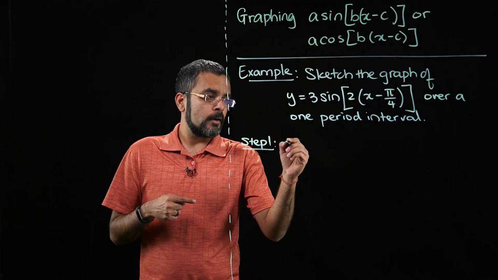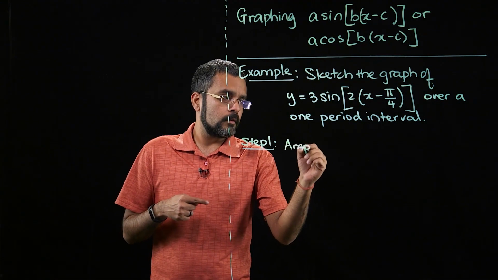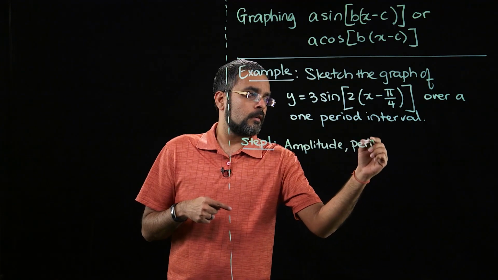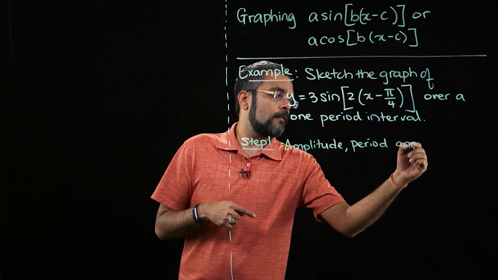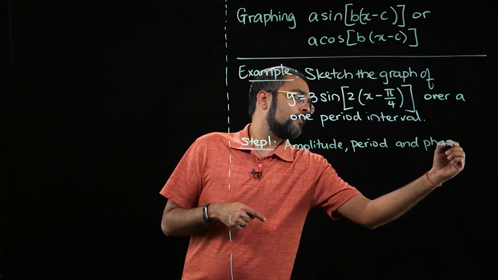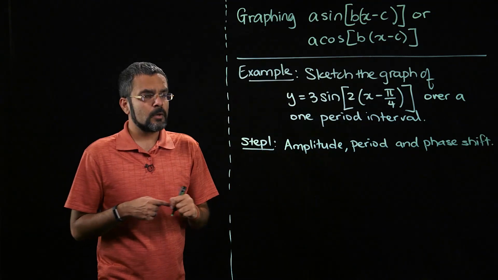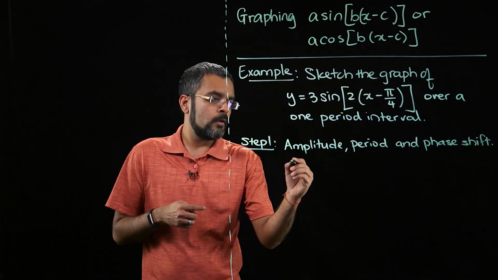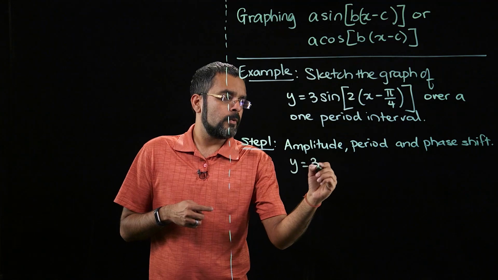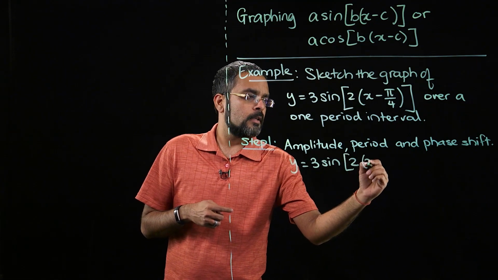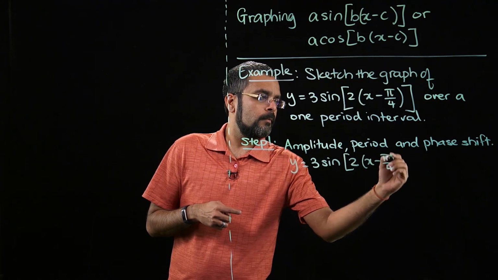I want to first find out the amplitude, period, and phase shift. So we have y equals 3 sine 2 times (x minus pi over 4).